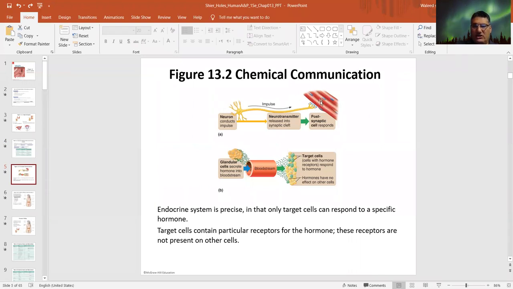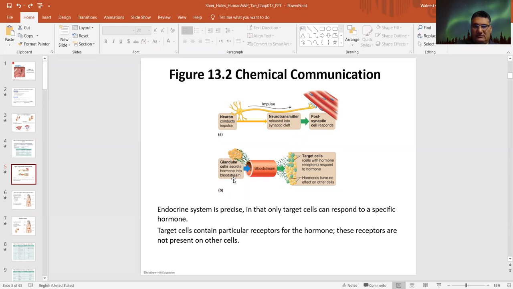So this whole yellow neuron is the presynaptic neuron or the presynapse. And if you have a muscle here, or another neuron, this is called the postsynaptic cell. Whether it is a muscle cell or a neural cell, in both cases, a neurotransmitter is secreted and works on the postsynapse.